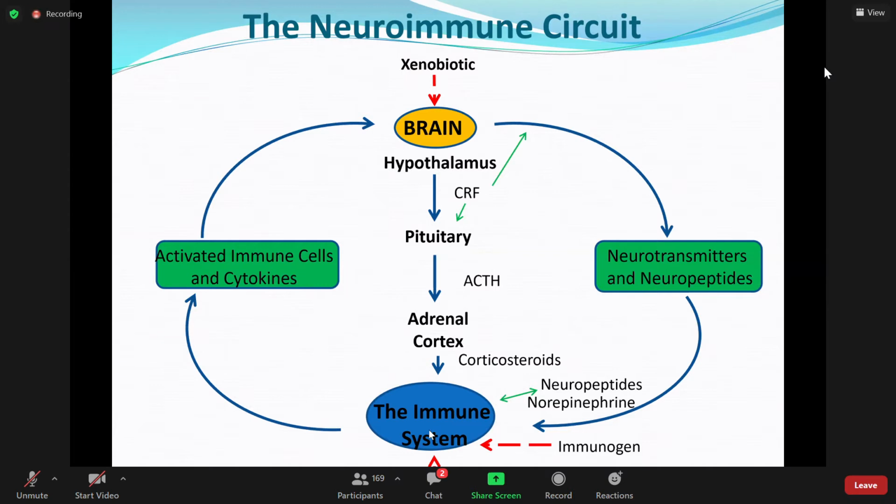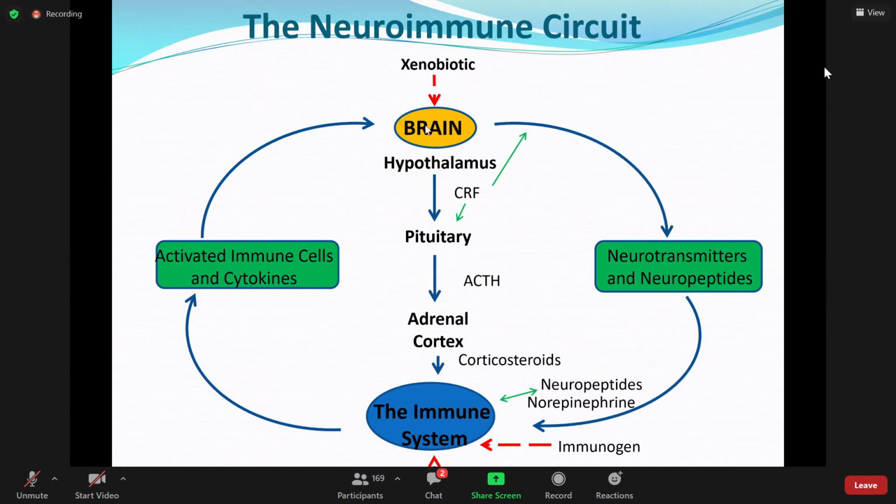Those activated immune cells can produce cytokines, which can then interact with various neuronal cells which have receptors that can respond to these cytokines.